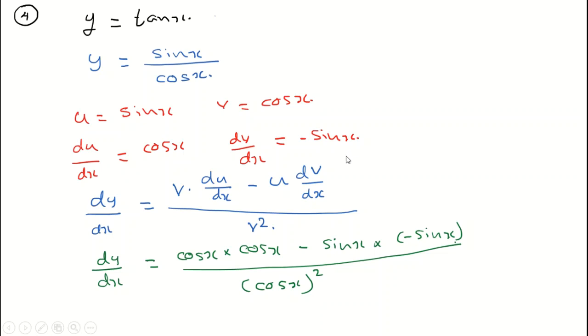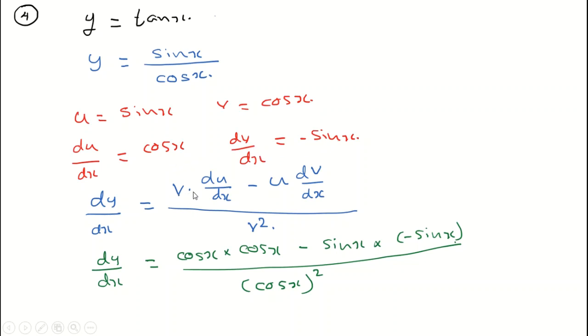Right. y equals tan x. I told you when it is sec x, we will be proving it when we are doing the quotient rule. Now here the opportunity: tan x would be written as sin x over cos x. So u equals sin x, v is equal to cos x. du over dx is equal to cos x, dv over dx is equal to minus sin x.